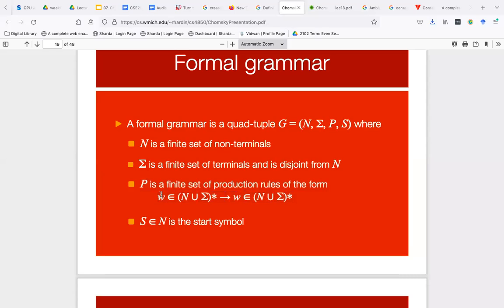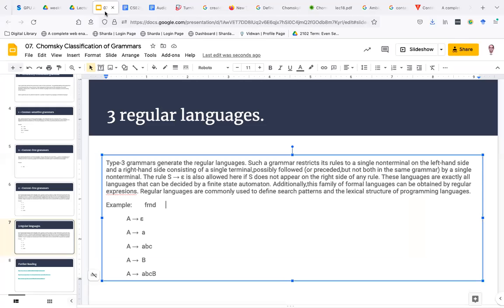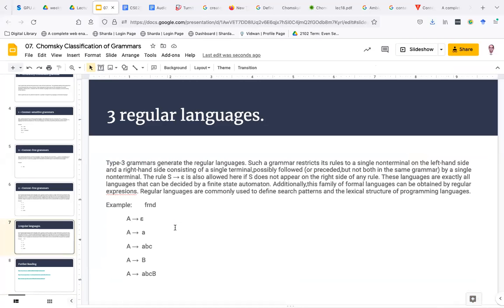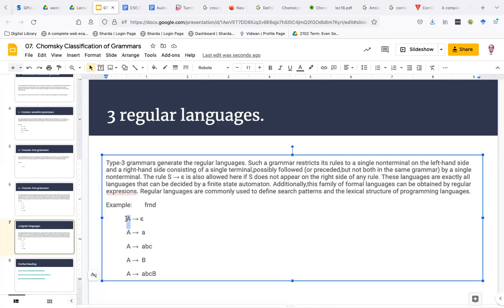production rule, which actually defines that your word, which is W, should be part of this thing, and then it can be reduced to some other type of word. So I'm just saying, this is a non-terminal. Capital A, capital B, capital C, and all the capitals are considered to be non-terminals.